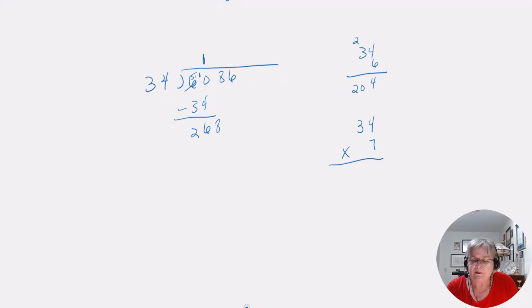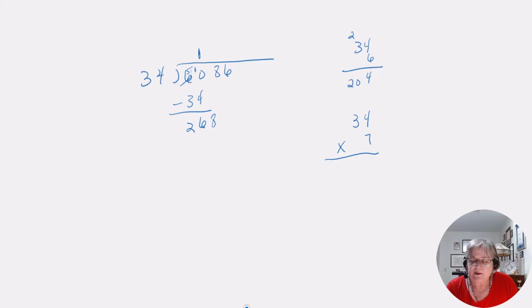See if that's too big. 7 times 4 is 28. Put the 8 down, carry the 2. 7 times 3 is 21, plus 2 is 23. Okay, that's smaller. Okay, 238. 8 minus 8 is 0. 6 minus 3 is 3. 2 minus 2 is 0.